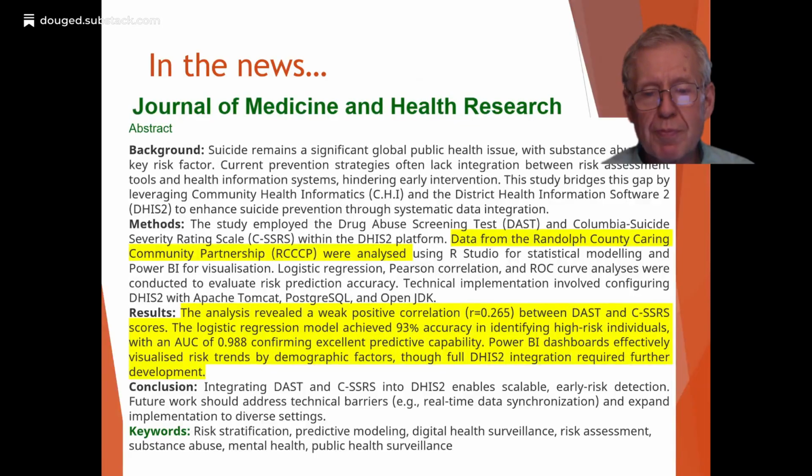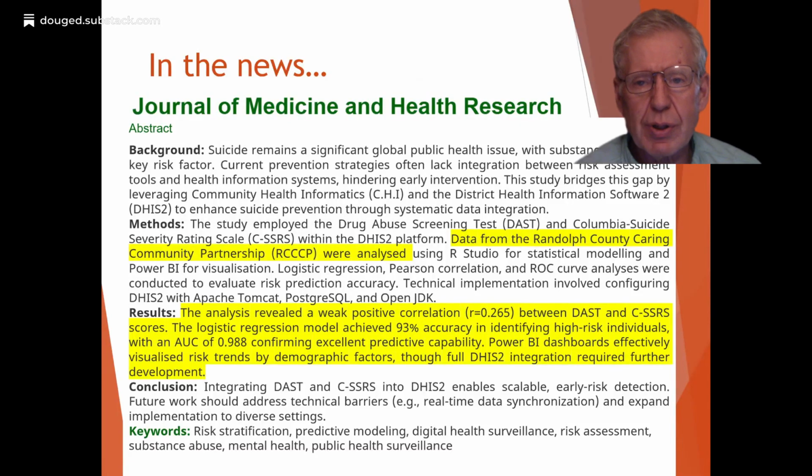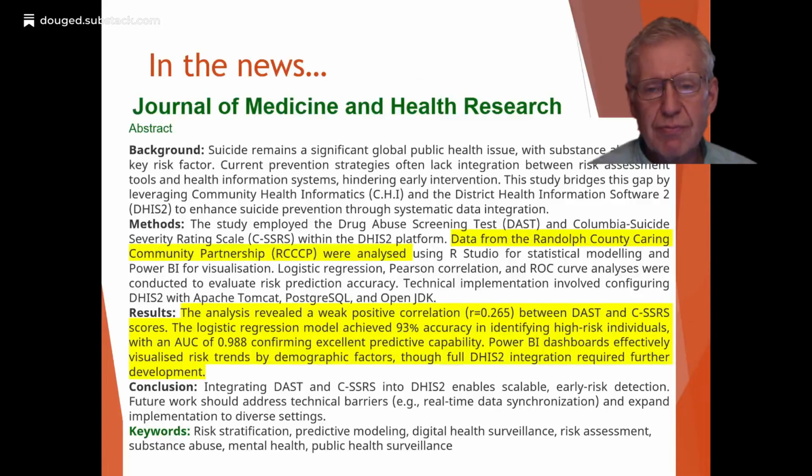They then used Power BI, a dashboard tool, to present that information, and they used DHIS2 to integrate information from the two surveys. A moment on what DHIS2 is. If you haven't run into that, and my students probably have, others probably not. It stands for District Health Information System, number 2.